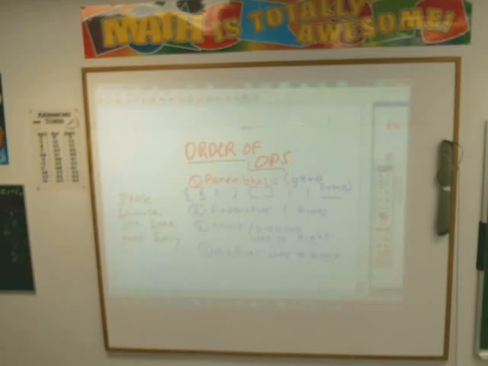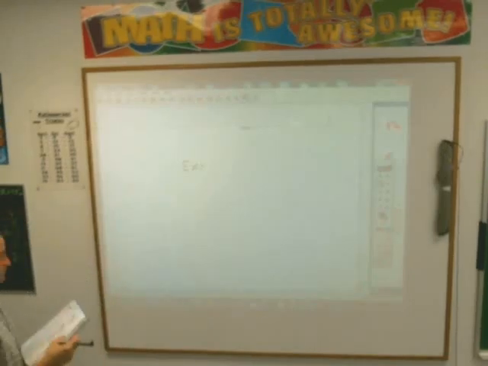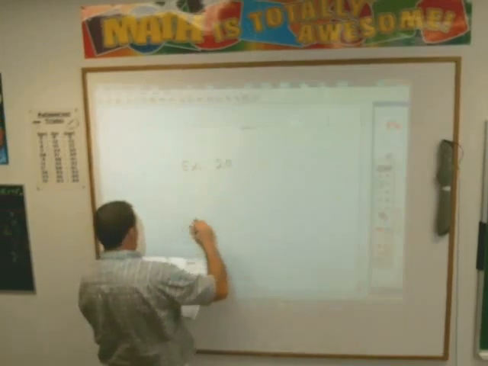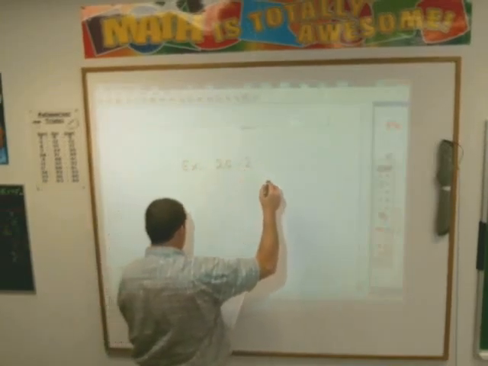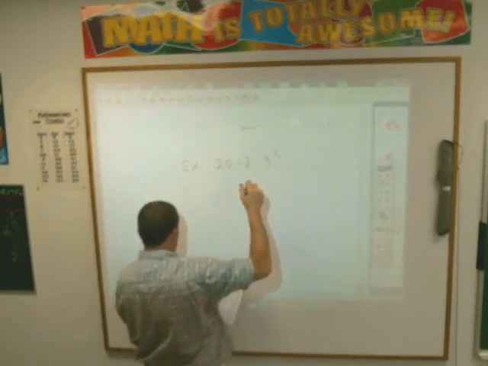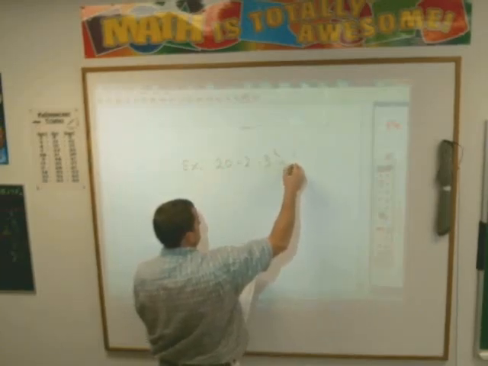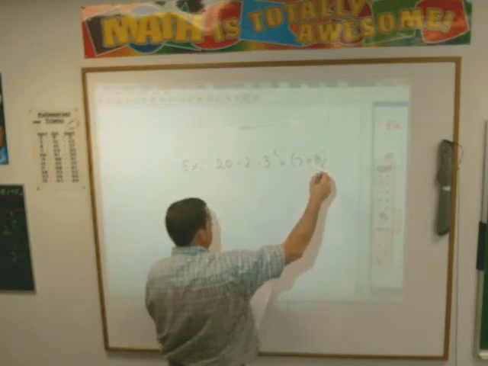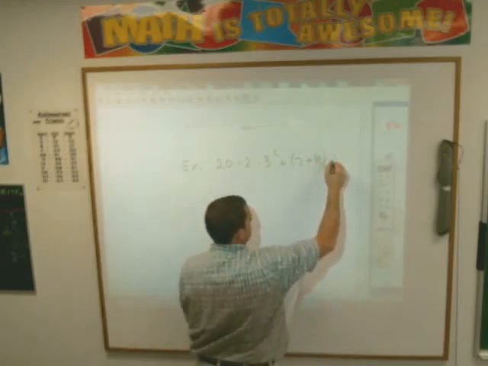Write down this example. 20 minus 2 times 3 squared plus 7 plus 8 divided by 5.